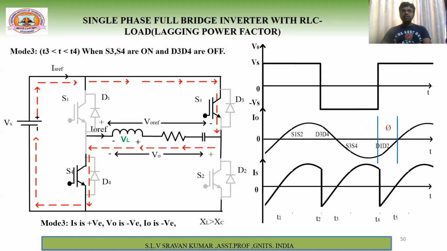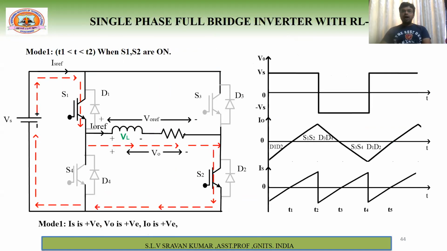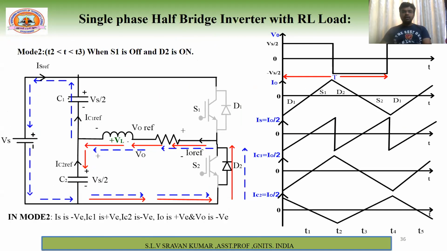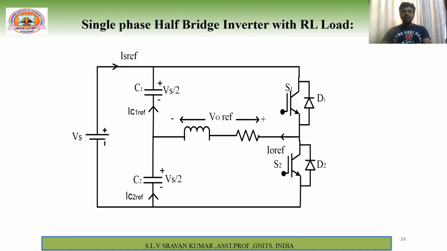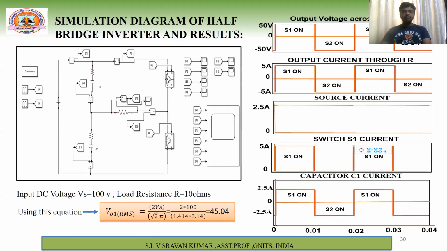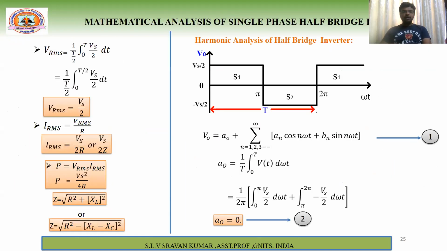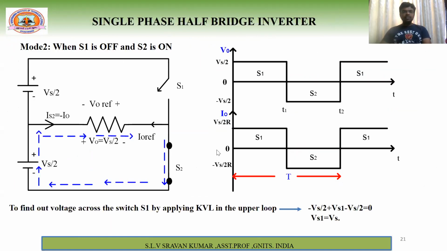One more disadvantage if you identify in half bridge inverter. So one circuit we will see. So let us say this is half bridge inverter. In half bridge inverter, this is called a DC 3-wire system, right? So this positive and this negative is connected here, and the load is connected here.